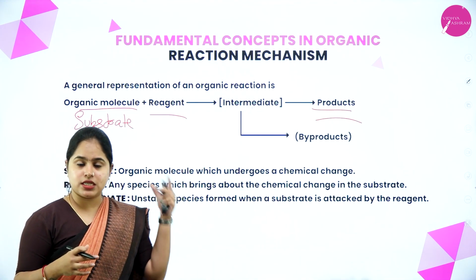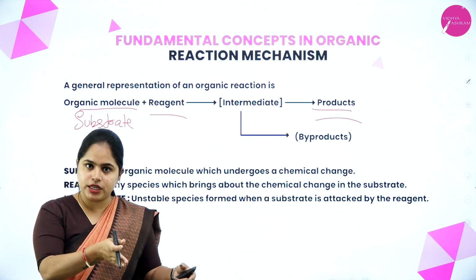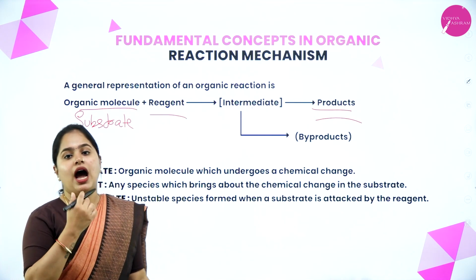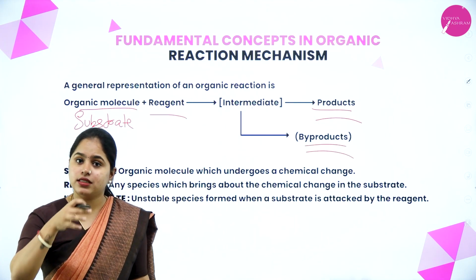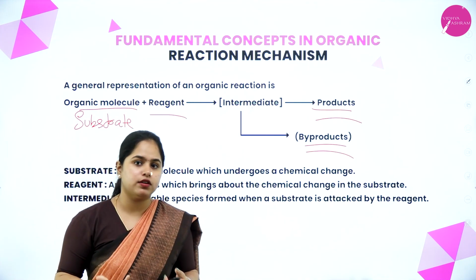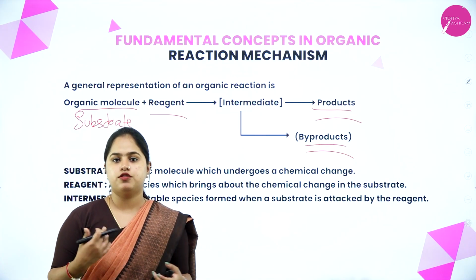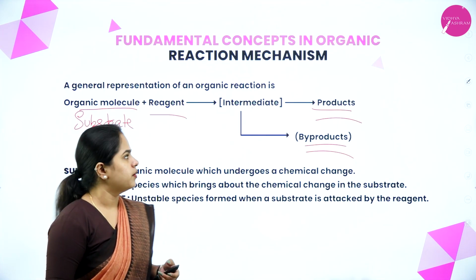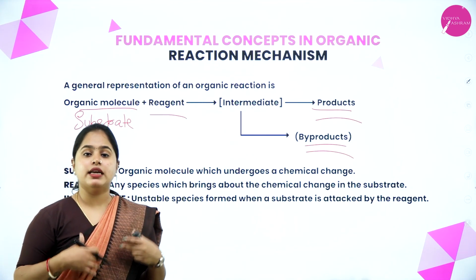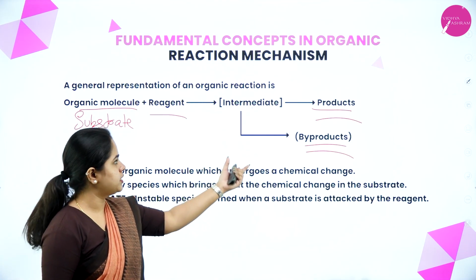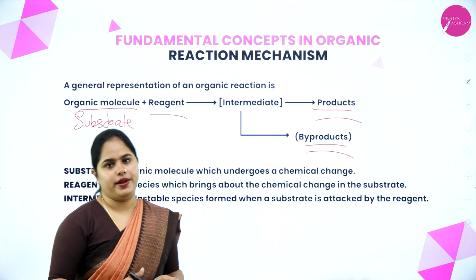With the products, certain byproducts can also be there. The desired product will not always be the only one formed. Certain byproducts will also be there which have to be purified, right? So there will be an organic compound, it undergoes reaction with the reagent, forms an intermediate, and finally forms products and certain byproducts as well.